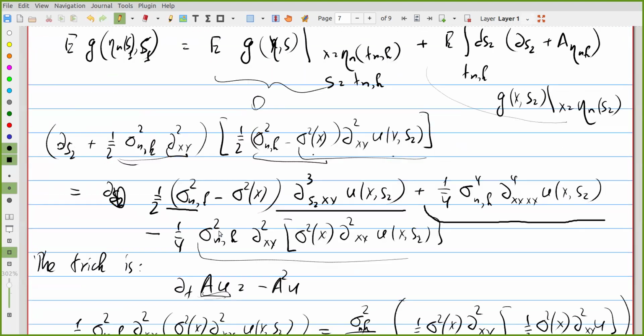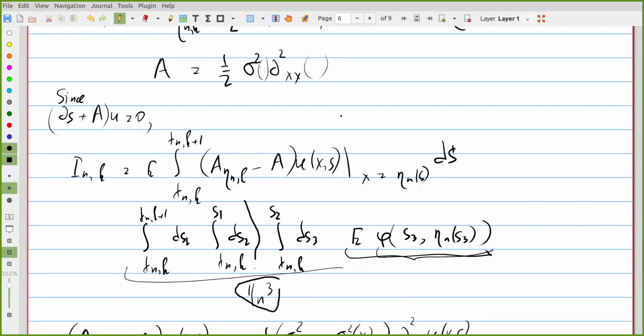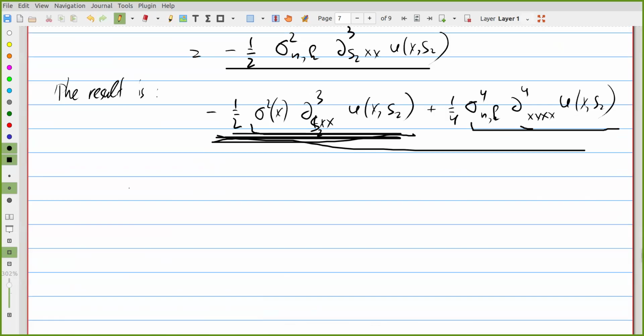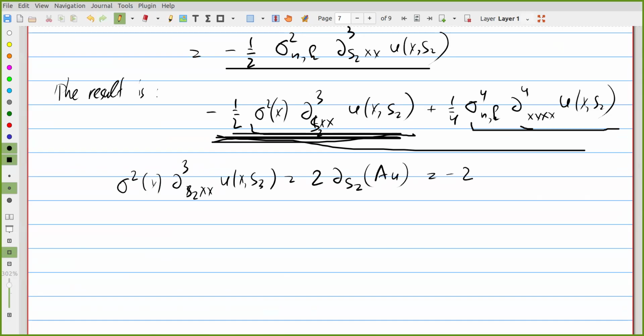We get an additional 1/2 from this part, but we have something like sigma squared of x, this s2 x u x s2 is going to be 2 ds2 au, which is going to, and this is again minus d squared s2 s2 ux s2.